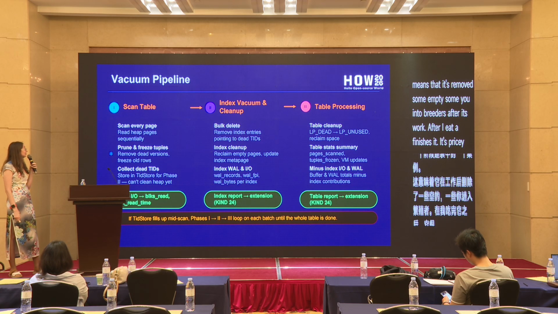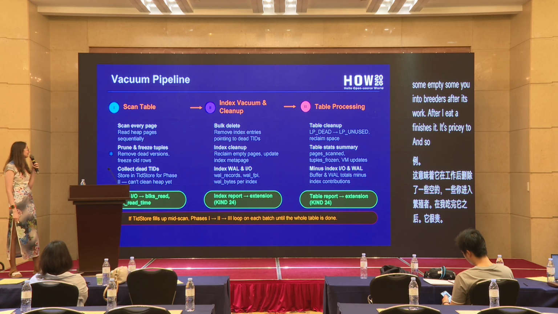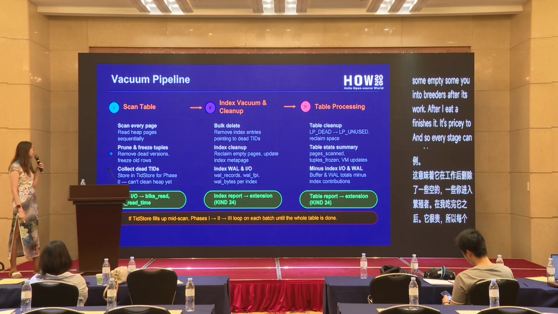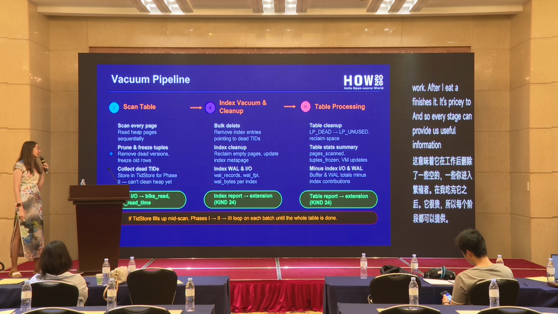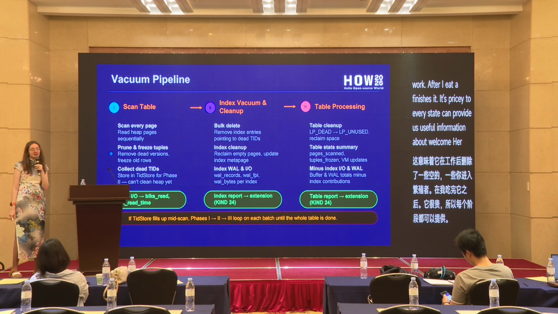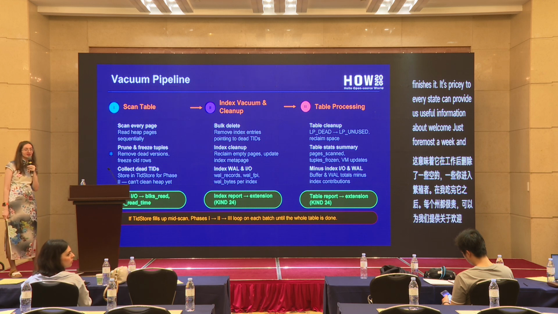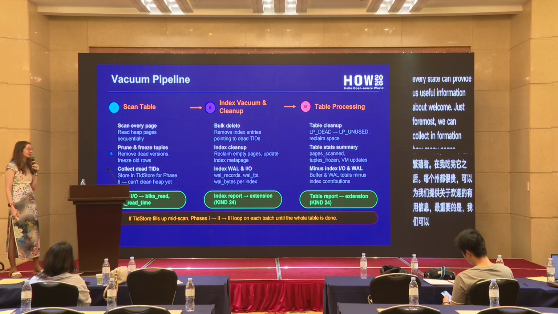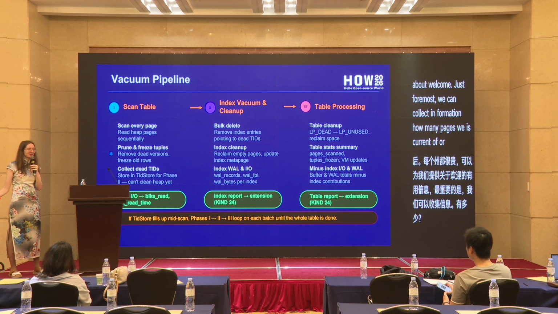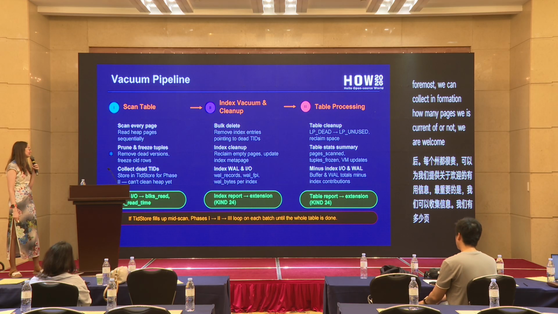And so every stage can provide us useful information about vacuum. First and foremost, we can collect information about how many pages we scanned, not we, vacuum scanned, to find such tuples.